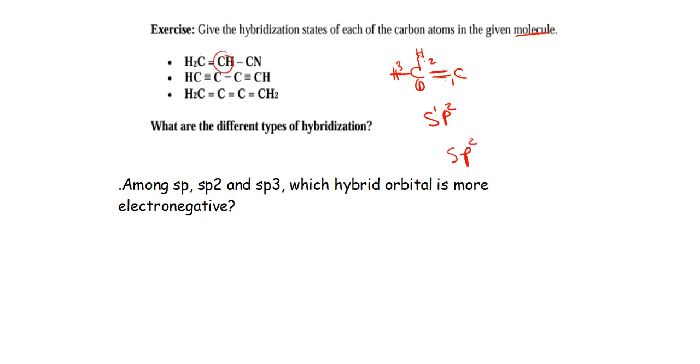What of this one? If I concentrate on it, it has a double bond there from the other C, then it has a hydrogen, and it has a carbon, like a cyanide, something like CN.